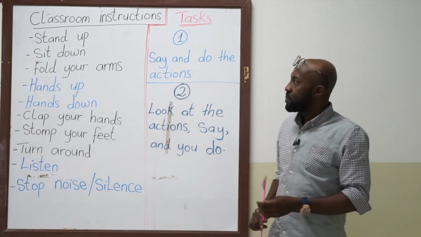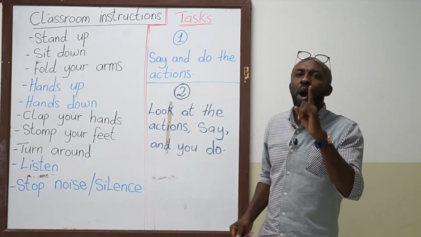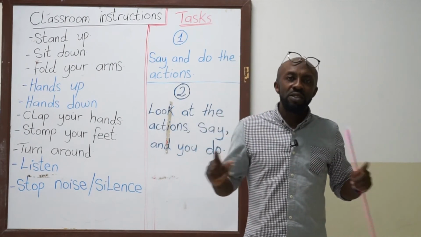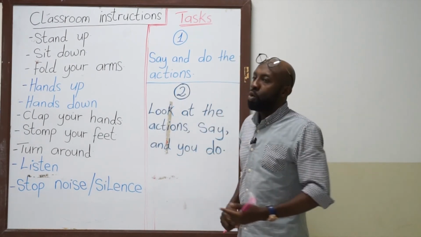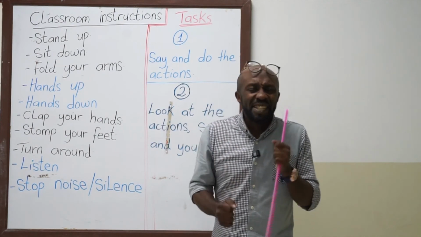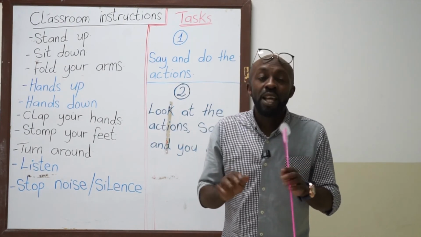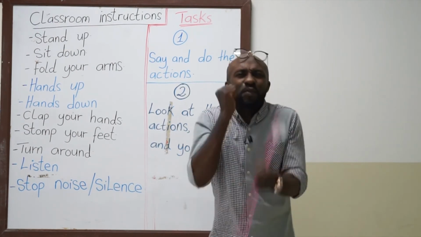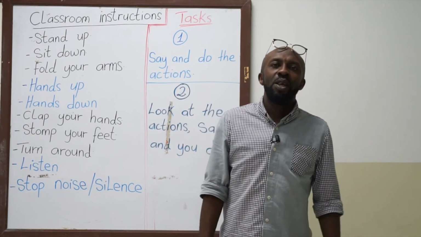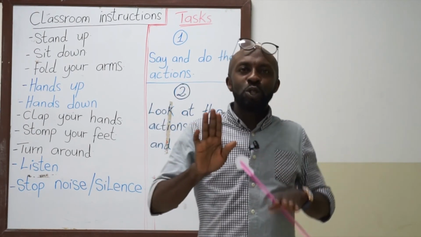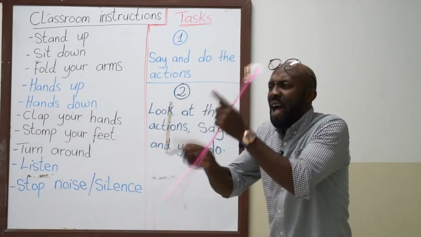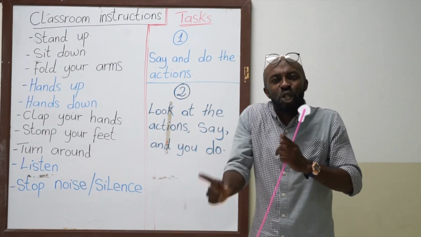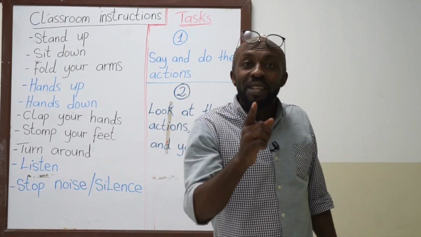Okay. Now, let's do one last exercise before we end this lesson. You have fast and slow. Fast, fast, fast. Slow, slow. Fast, slow, slow. Do you understand?